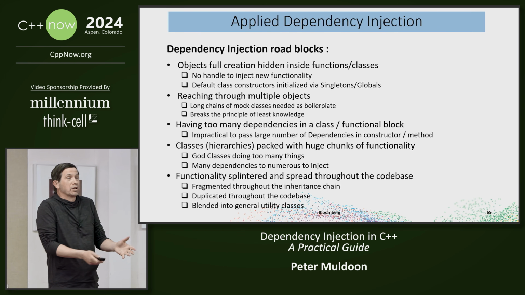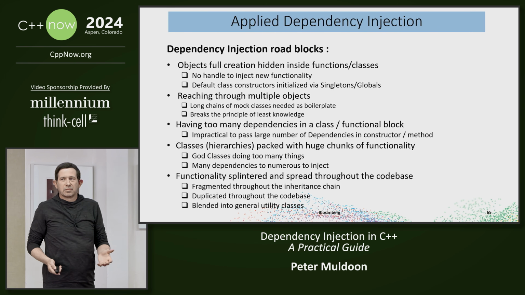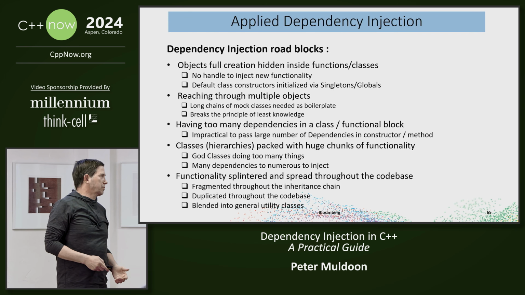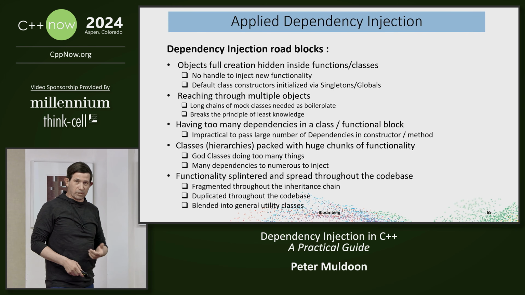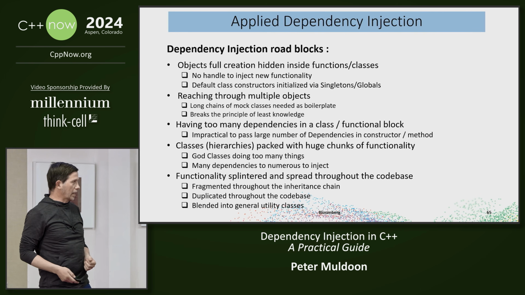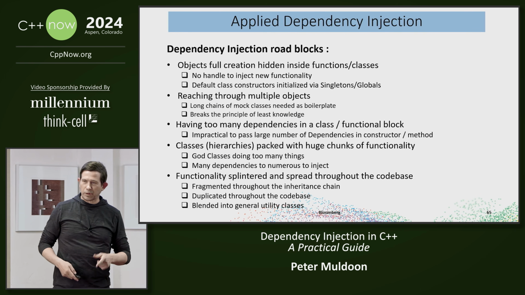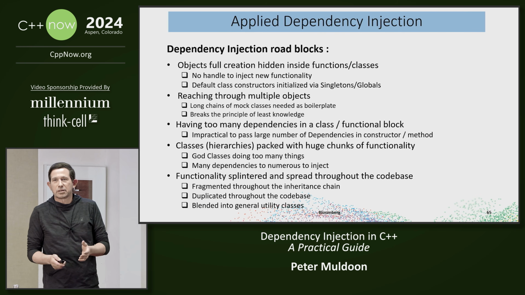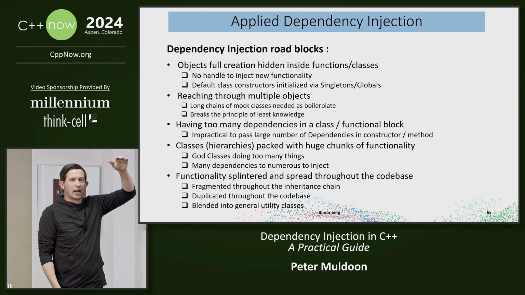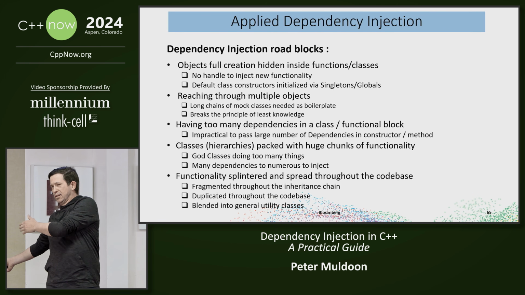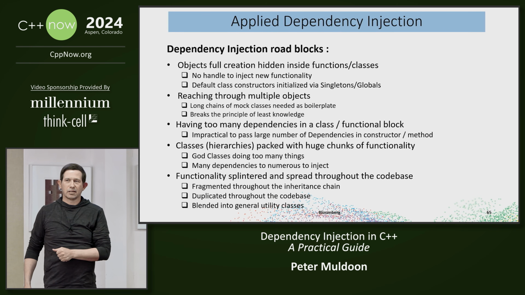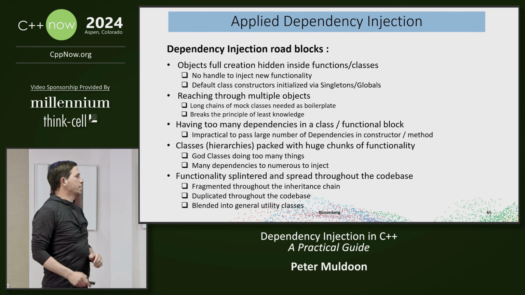All right, and they're the only ones calling this function, so it doesn't seem right that should be happening, right? So you get this fragmented throughout both an inheritance chain, which is what I faced a lot of, or utility classes. All right, and you get a lot of duplication through the code base because people don't even know it's there. It's in this giant utility class of 50 functions, and people write their own and put it into a different utility class. All right, you see tons of that.